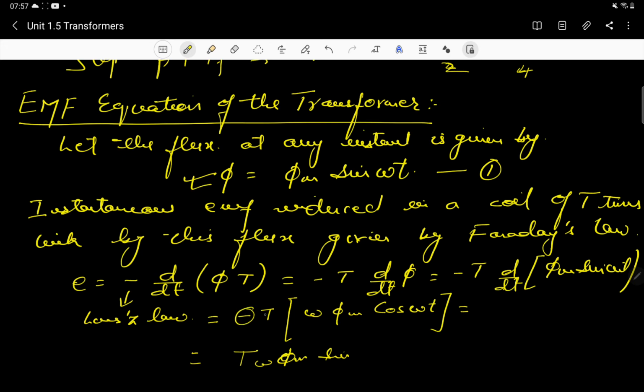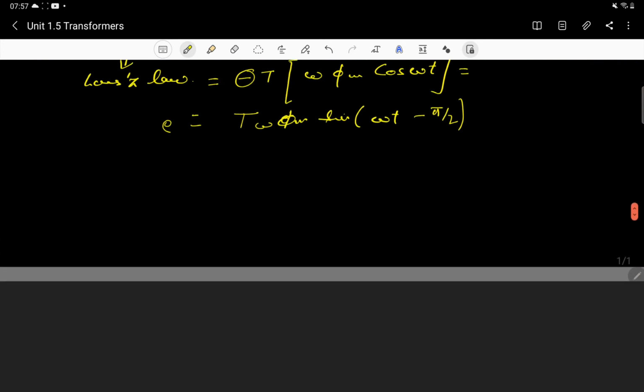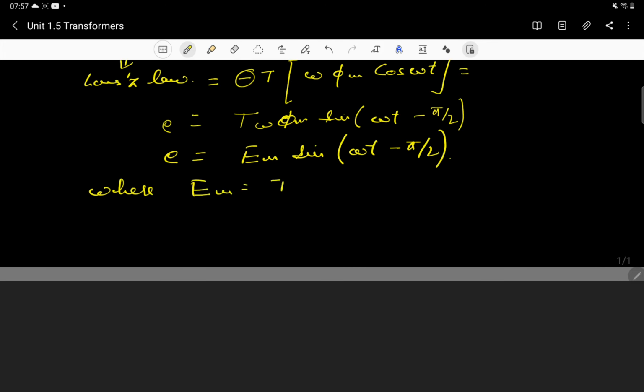So minus cos omega t gives sin of omega t minus pi by 2, that is omega t minus 90 degrees. This equation may be written as E equals Em sin omega t minus pi by 2, where Em is equal to T omega phi m. Understand? This is so easy.